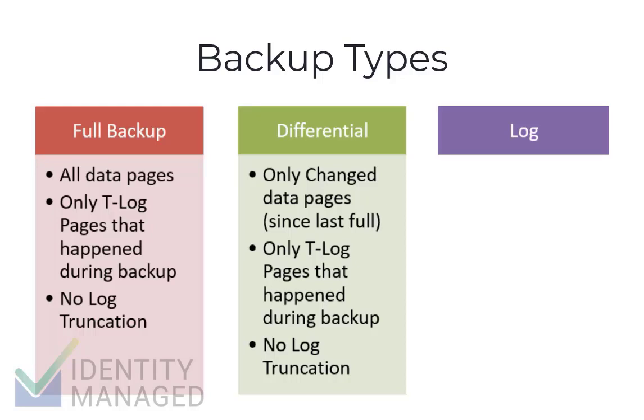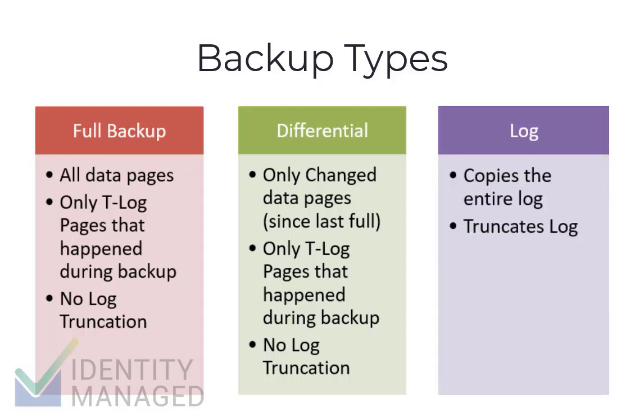Whereas the differential only copies data pages that have changed since the last full, and it also grabs transaction log items that happened during the backup. The transaction log backup copies the entire transaction log and truncates all inactive transactions. It's the only type of backup that actually truncates the transaction log and frees up that space inside the file.